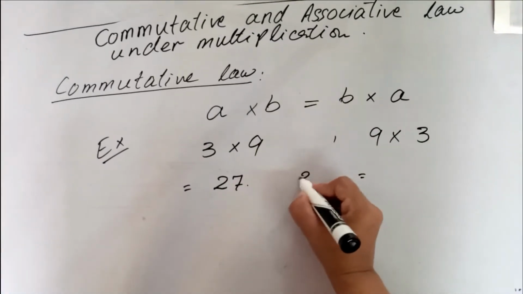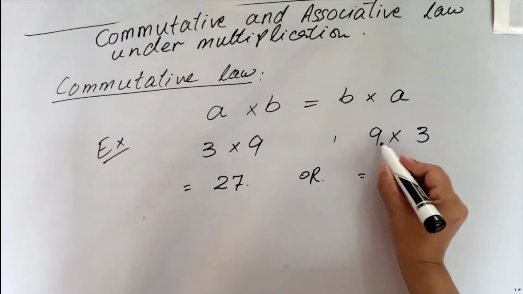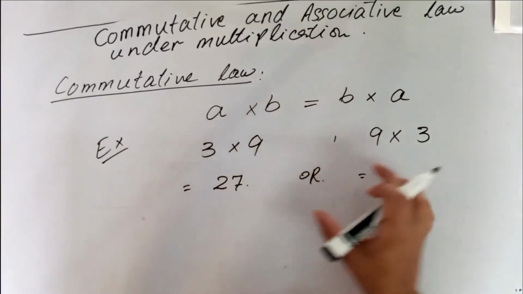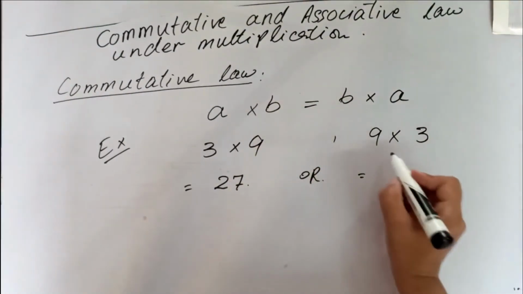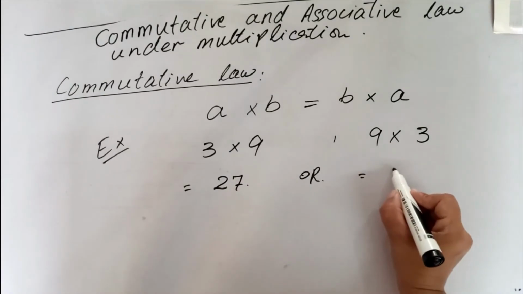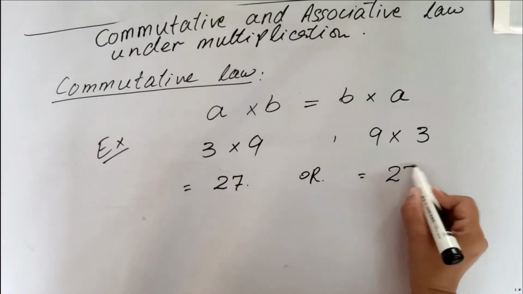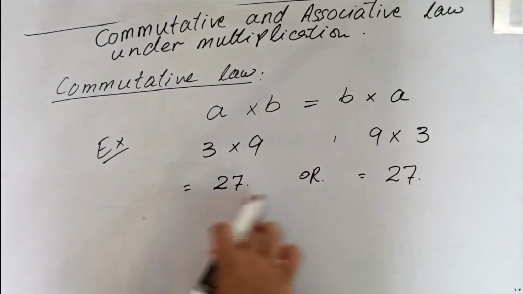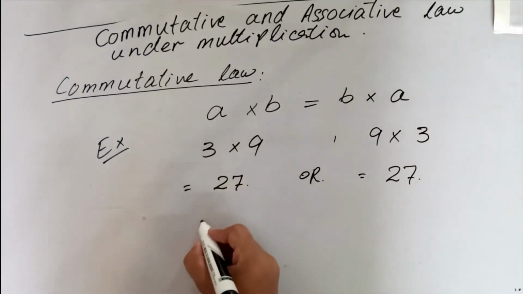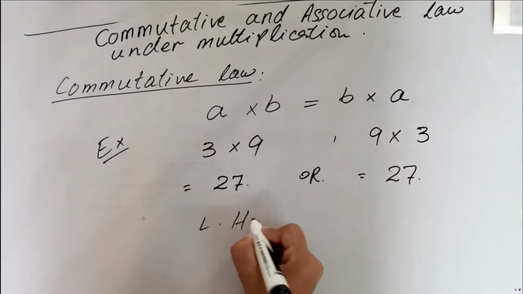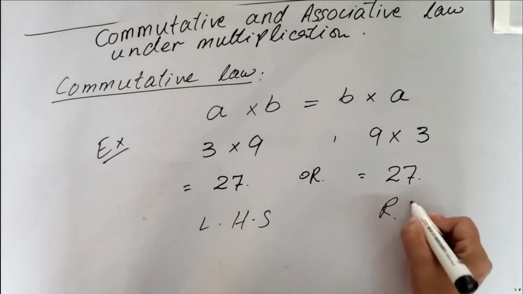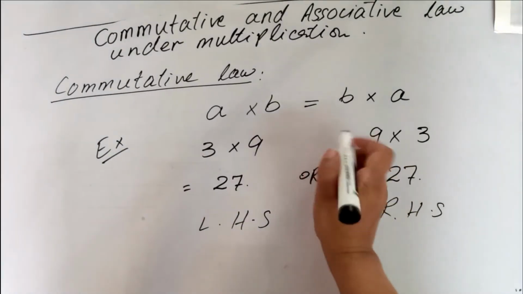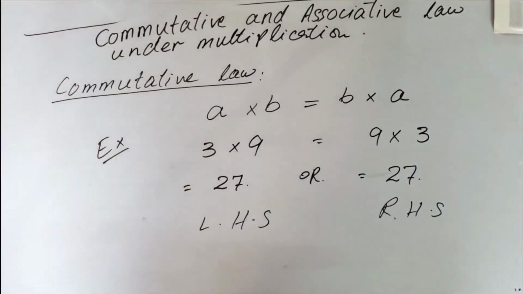Now I am solving this. You can solve this and this in parallel form. 9 multiplied by 3, 9 3s are 27. So the result is same. So this was our left hand side, and this is our right hand side. These two values are same.